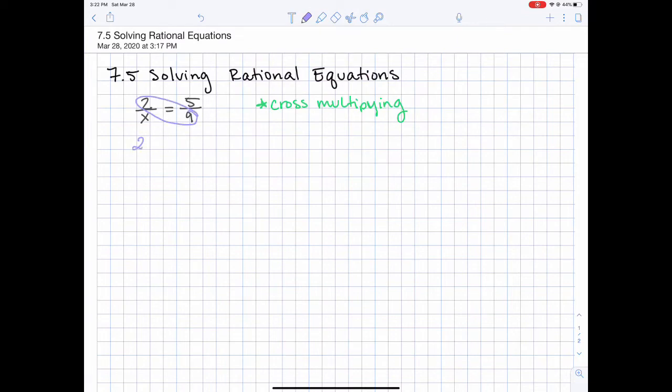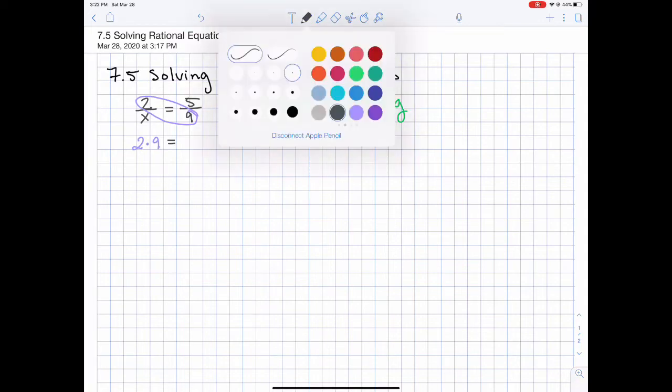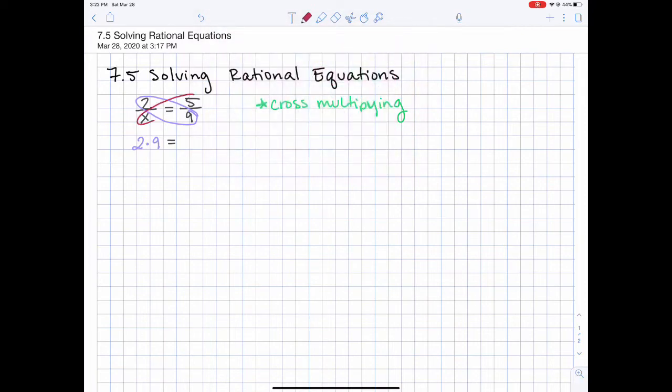So we have 2 times 9, and then we're going to set that equal to our other two terms that we're multiplying over here, 5 times x. It works out because it's basically multiplying both sides by 9x, because you're multiplying by your denominators.